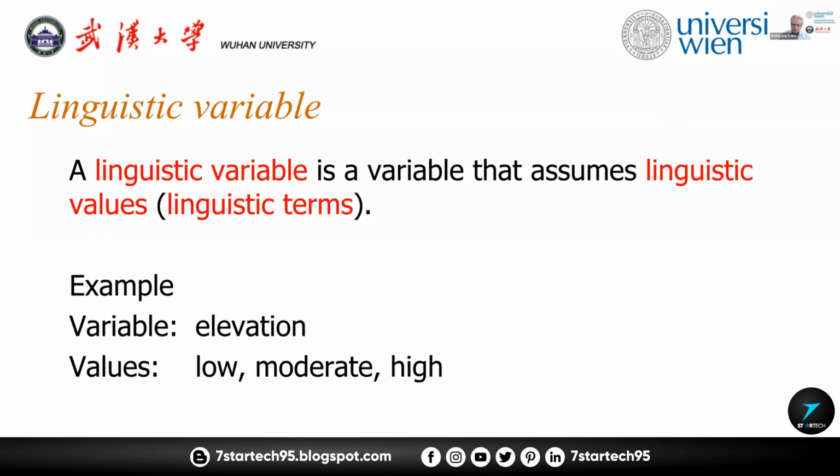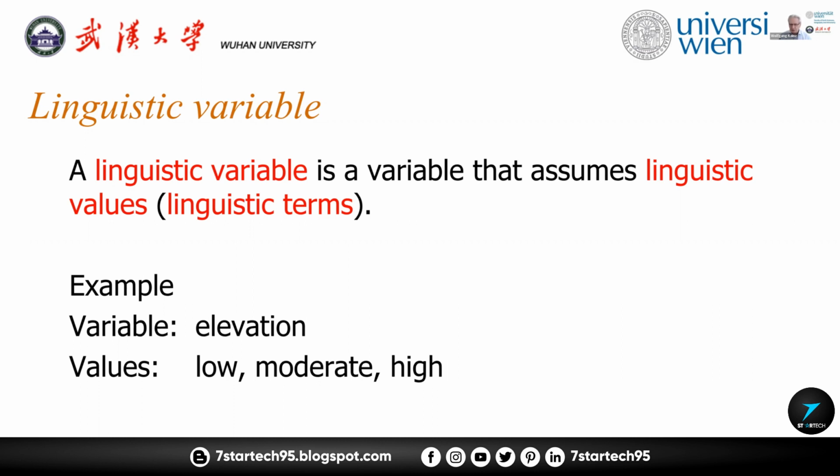In order to illustrate that with an example, you see here on the slide the variable elevation. So elevation is a linguistic variable, and that variable can have different values, linguistic values or linguistic terms.